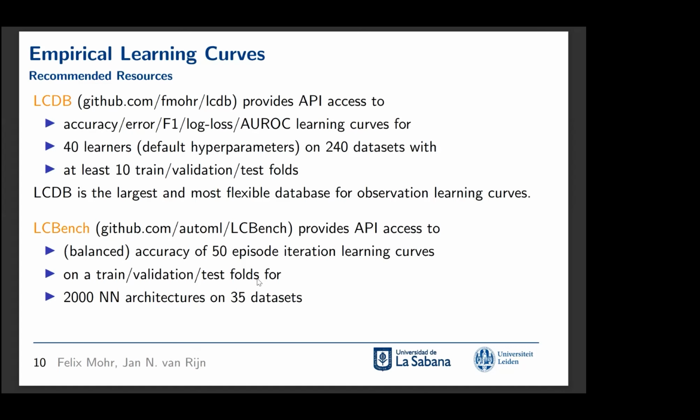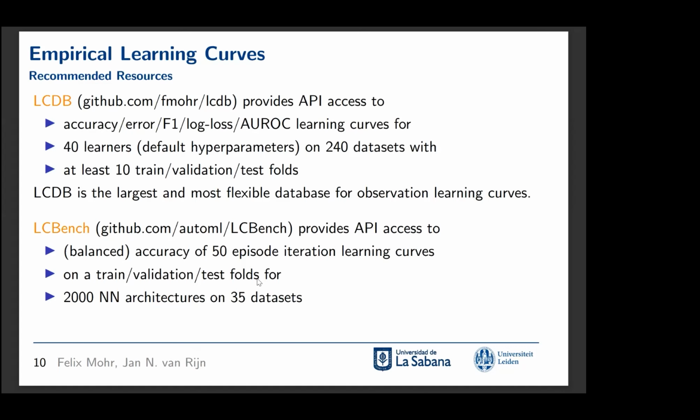There's another one, and this is by far the largest database currently available for this type of learning curves: LC Bench, published by Marius and one of his PhD student co-workers, I guess. This is a database of learning curves based on iterations.